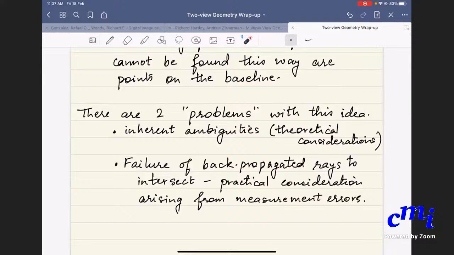So how do we express this mathematically? We express this by saying that the scene can be determined at best up to a Euclidean transformation of the world frame. What is a Euclidean transformation of the world frame? It means some rotation or translation.